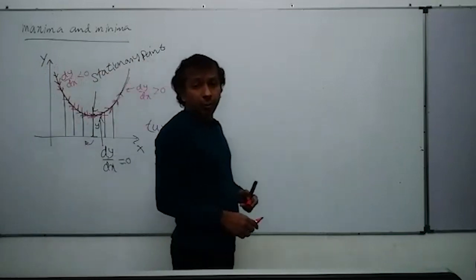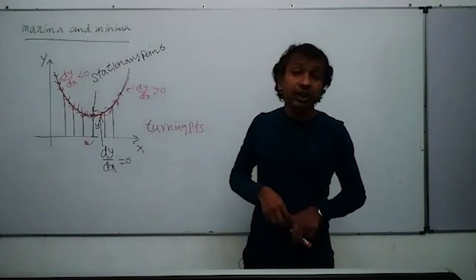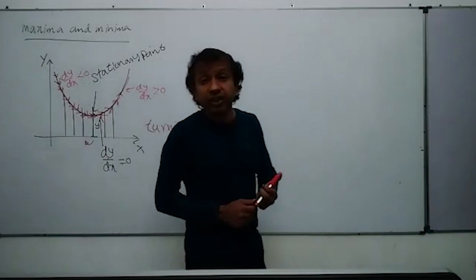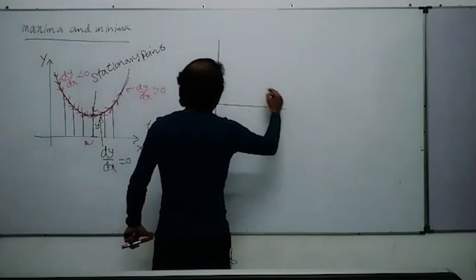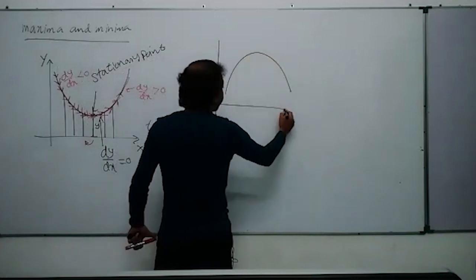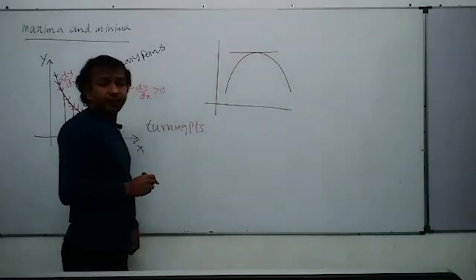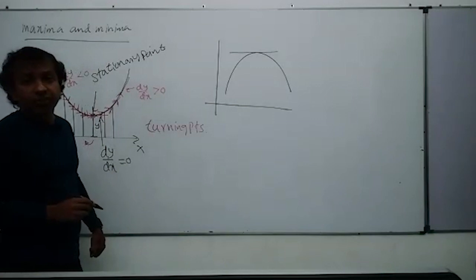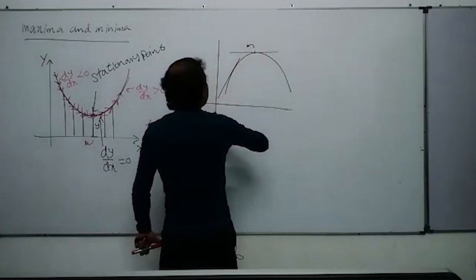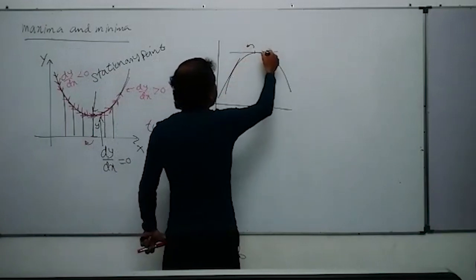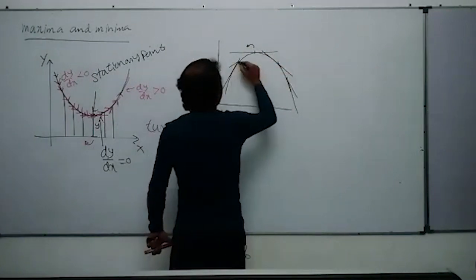Understand? People, a stationary point or turning point can occur in another two ways. When we consider a maximum graph like this, here, the highest point, when we construct a tangent line, that will be parallel to the x-axis. On the left of this point, when we construct tangents, the gradient is positive. On the right of this point, the gradient is negative.